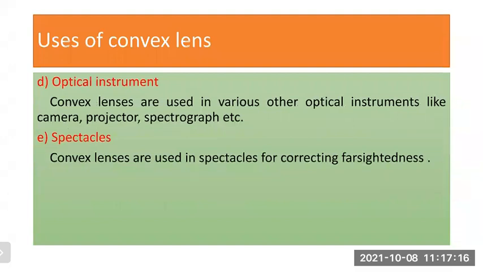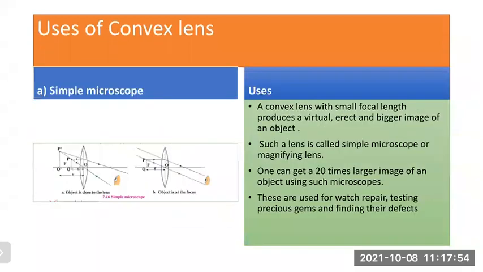Then you can see that the convex lens is also used in optical instruments. Convex lenses are used in various optical instruments like camera, projector, spectrograph, etc. Then, in spectacles, convex lenses are used for correcting farsightedness. Yes, we have seen this thing. So these are the uses of convex lens. Let us see once again. Convex lens is used in the simple microscope.